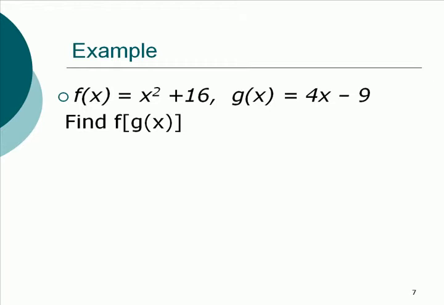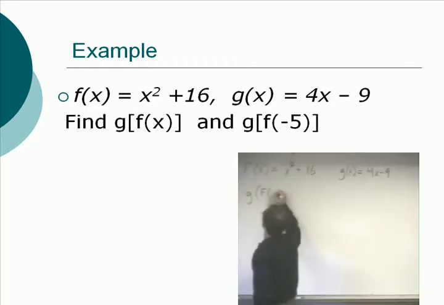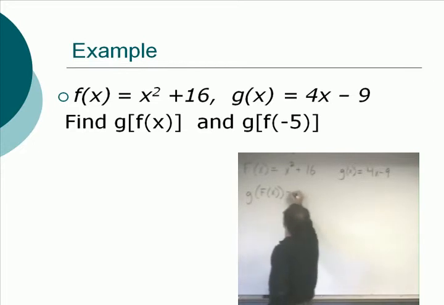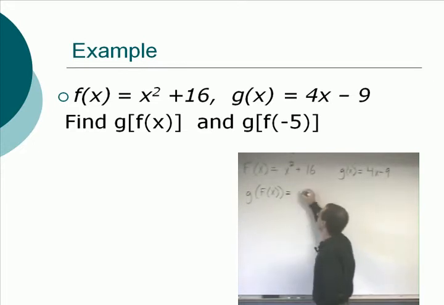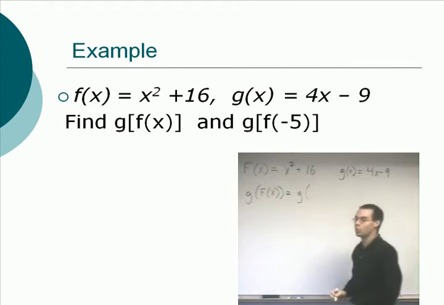Same two functions. This time, instead of finding f of g of x, we're going to find g of f of x. Okay. Now, let's evaluate g of f of x. Now, this time, we're going to take the function g, and we're going to evaluate it at what?